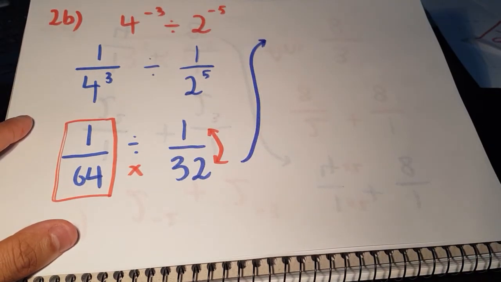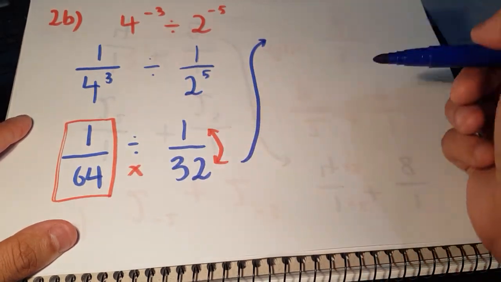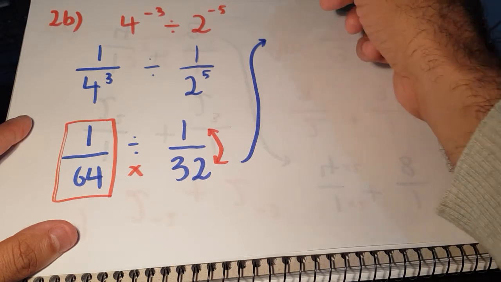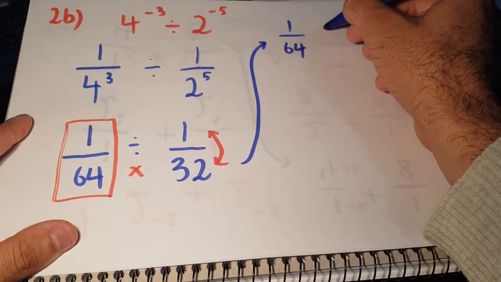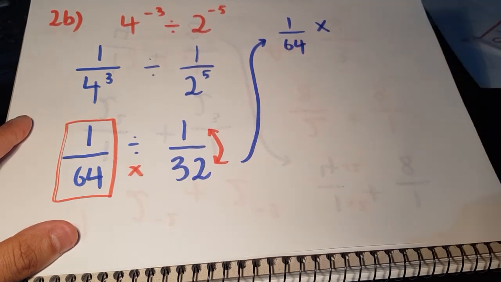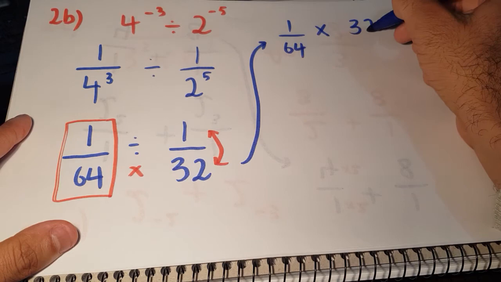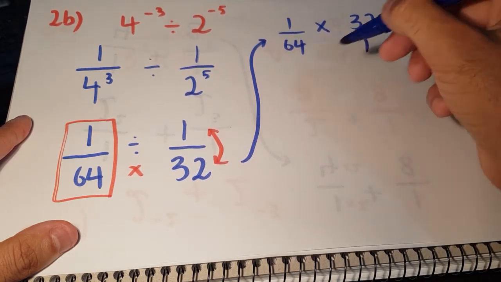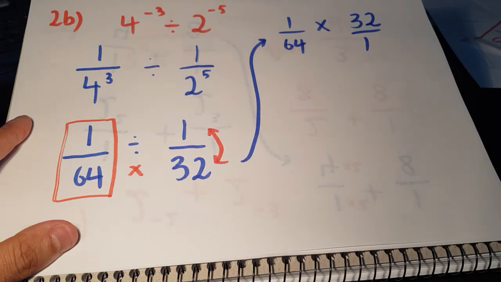When I used to teach this to my kids, I would say copy, change, flip. So CCF: copy, change, flip. So I'll copy 1/64, divide changes to multiplication, and then I'll flip this. So I'll just find the reciprocal of 1 over 32, which is 32 over 1.